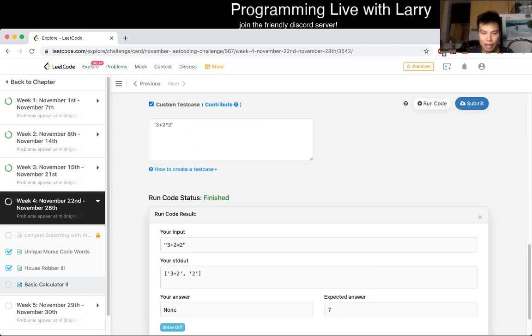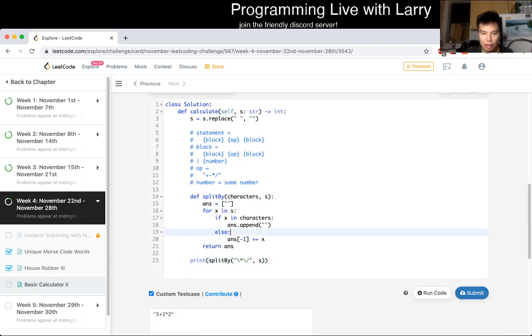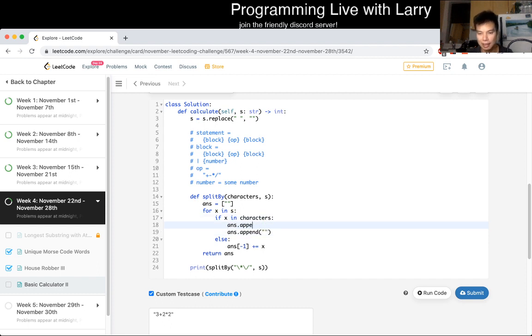Okay, so this looks okay, but now we want to also represent some info with that. So let's also append x, say.